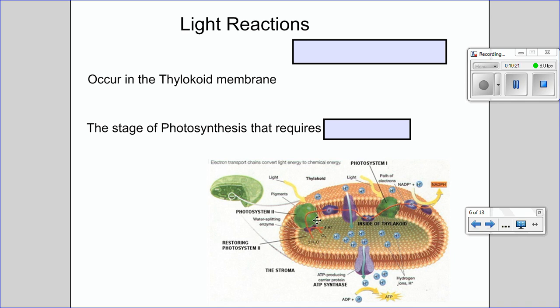And these are what absorb your light, and hence the reason that they are called light reactions is because they absorb light and therefore require light in order to happen. So we're going to go through these in a little bit of depth. I'm going to show you guys what the light reactions are, far more depth than you actually need to know, but it's good to understand where our water and oxygen go and what they make. So that's what we're going to talk about.